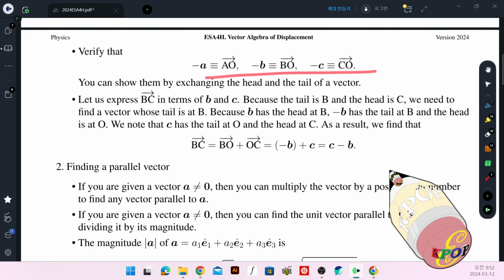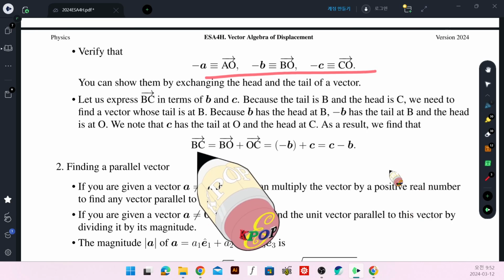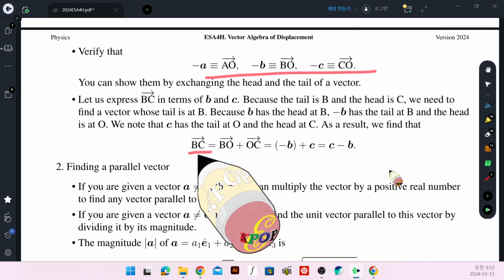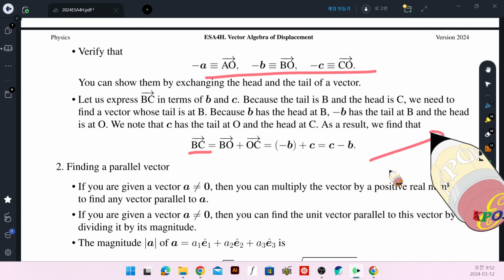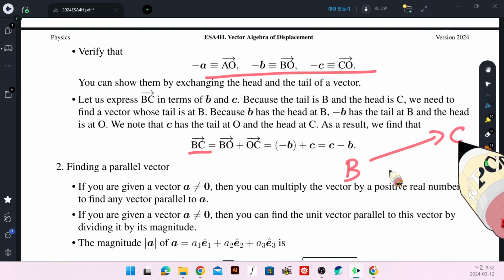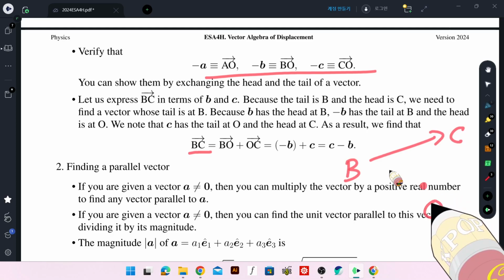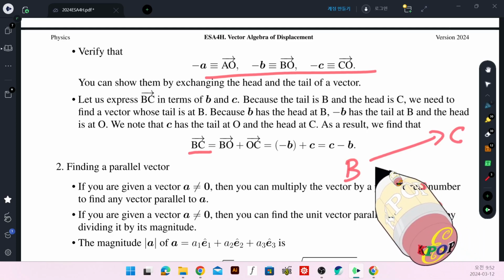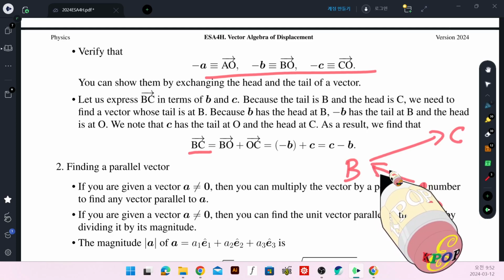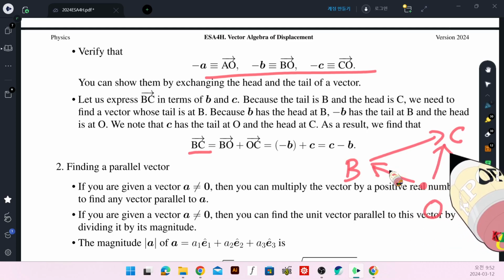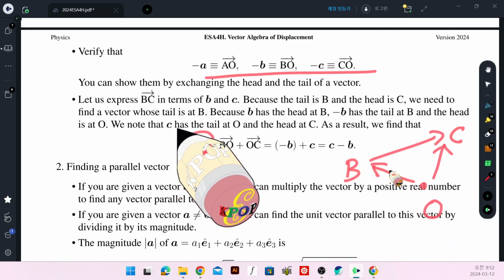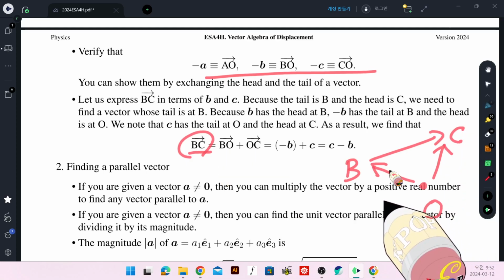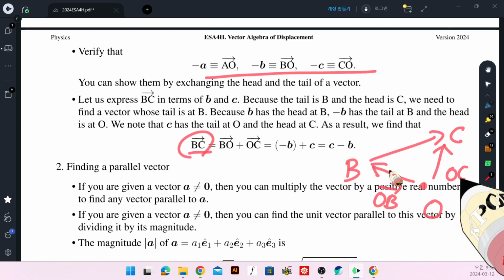What about the difference of two vectors? Find BC. I can always insert a point O, for example. Then this is OB and this is OC. What should I do to get the vector from B to C using OB and OC?